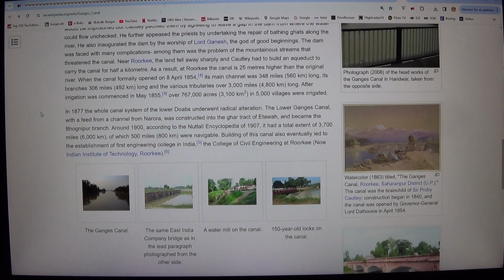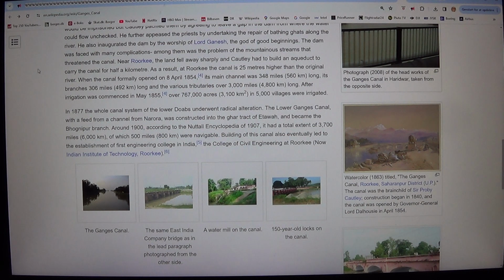The dam was faced with many complications. Among them was the problem of the mountainous streams that threatened the canal. Near Roorkee, the land fell away sharply and Cautley had to build an aqueduct to carry the canal for half a kilometer. As a result, at Roorkee the canal is 25 meters higher than the original river.